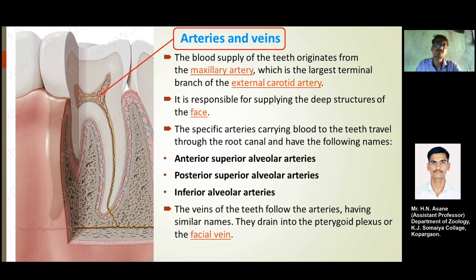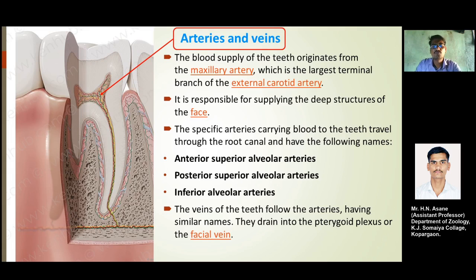And the specific arteries carrying the blood to the teeth, through the root canal, have the following names: the anterior superior alveolar artery, the posterior superior alveolar arteries, and the inferior alveolar arteries.